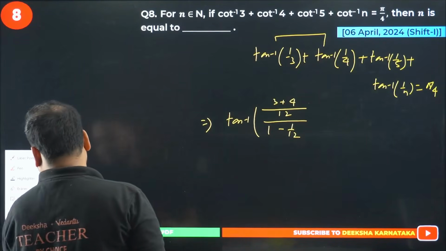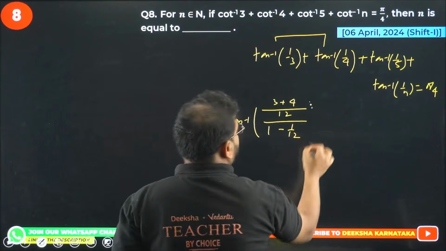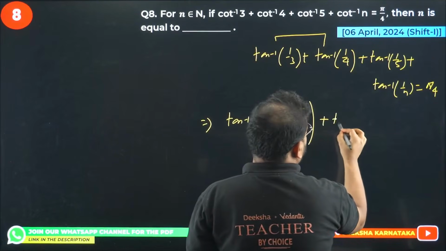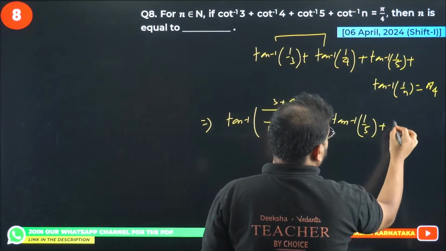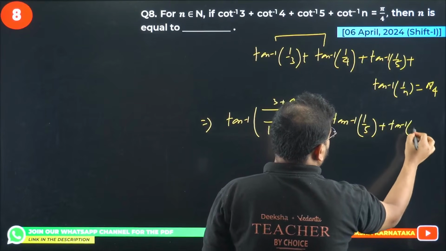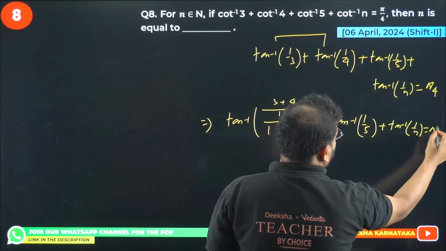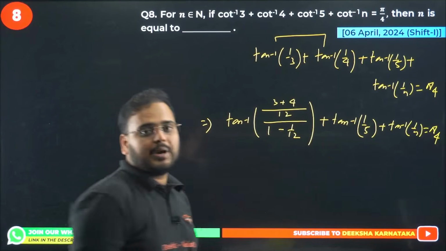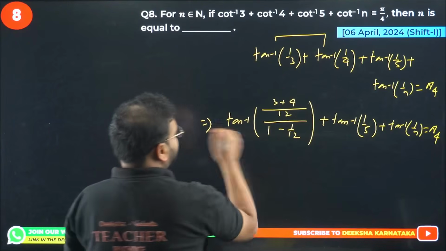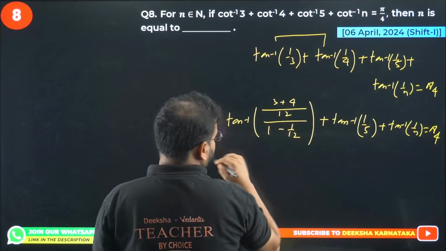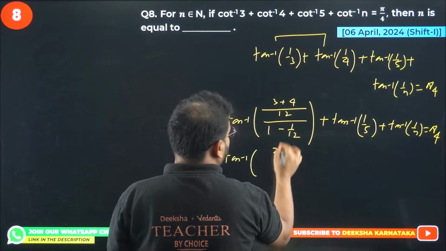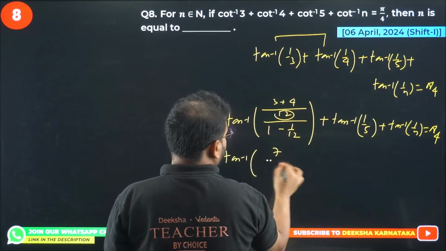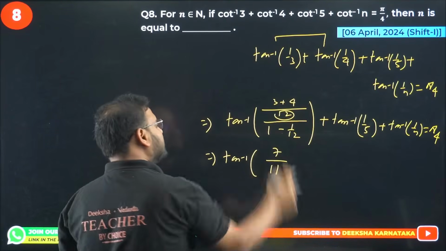Then tan inverse of 1 by 5 plus tan inverse of 1 by n equals pi by 4. I'm getting here 7 by 11, I think. Tan inverse of 7 by 11, as this 12 and this 12 cancel. 12 into 1 is 12, minus 1 becomes 11.